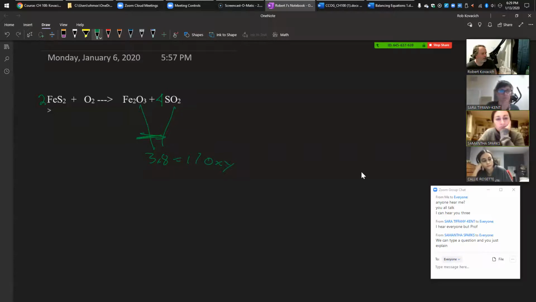So the best way to deal with this: everything that I've done so far is okay, is good to go. I can keep it good to go if I erase this 4 and erase this 2 and turn the 2 into a 4 and the 4 into an 8.